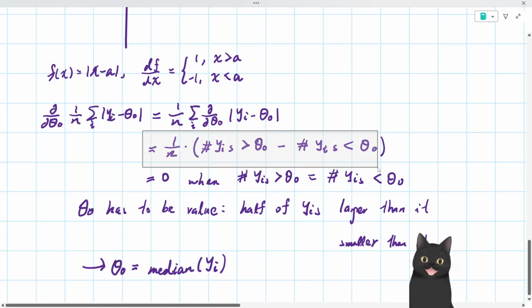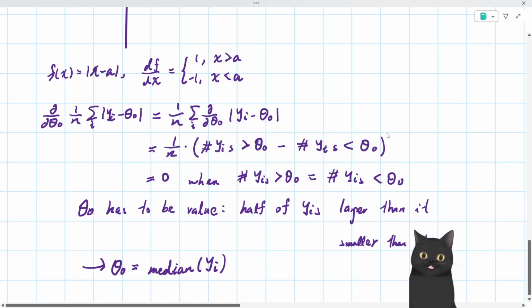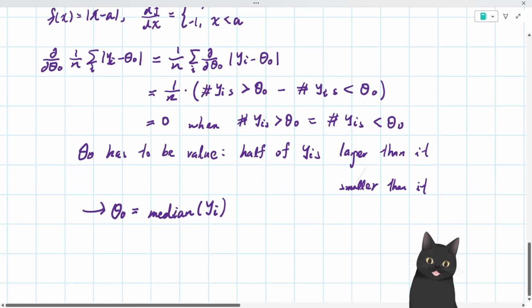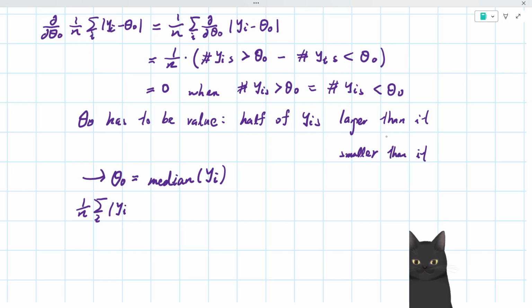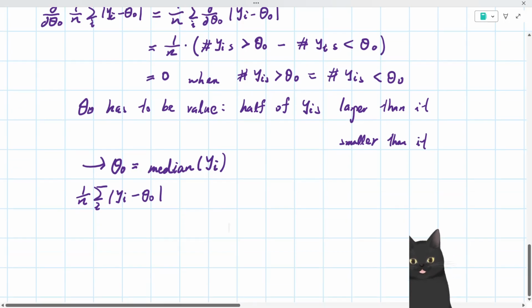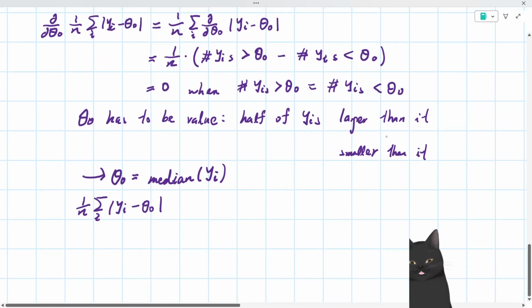At this point, the loss function is going to be 1 over n times the sum of the absolute value of yi minus theta naught, which is a sum of convex functions. So that means that the MAE itself is also convex.